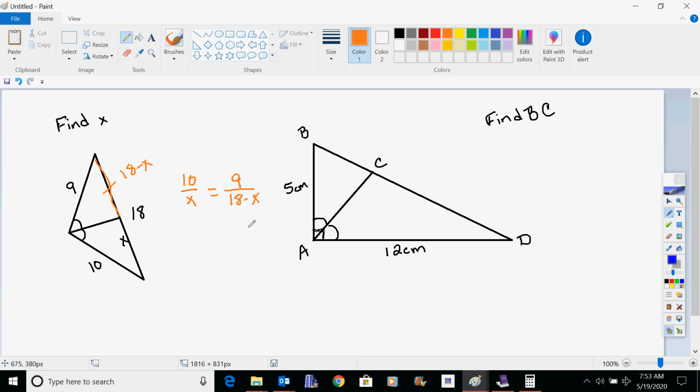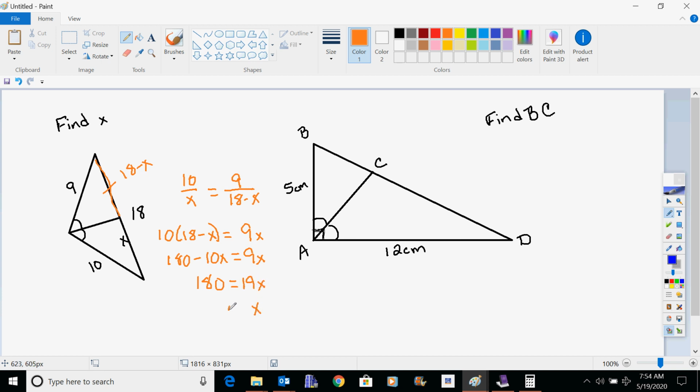So we'll cross multiply. We get 9x this way. This way we get 10 times 18 minus x. So 180 minus 10x equals 9x. We will add 10x to both sides. And that gives you 19x.